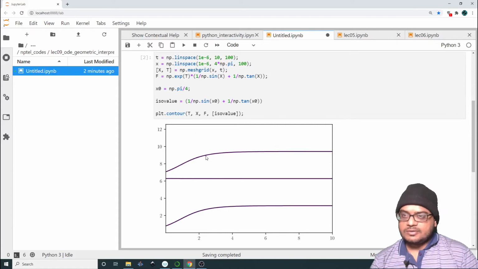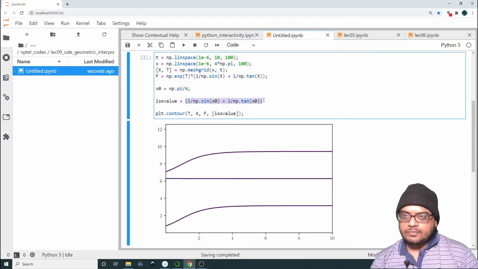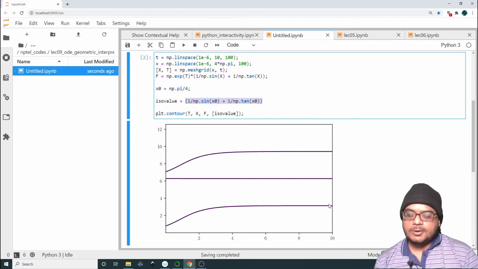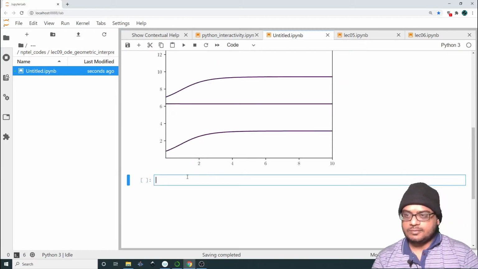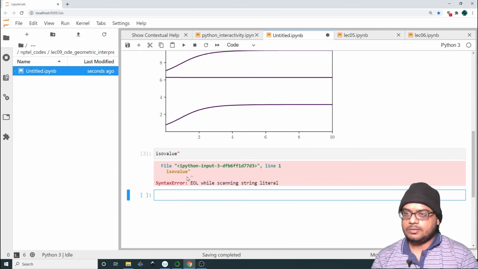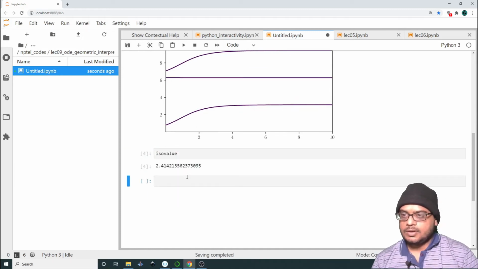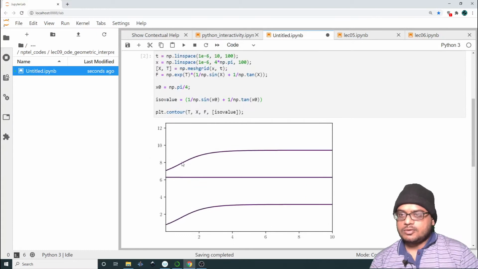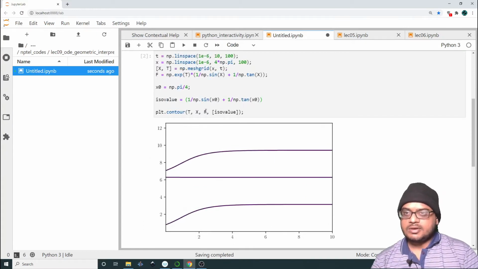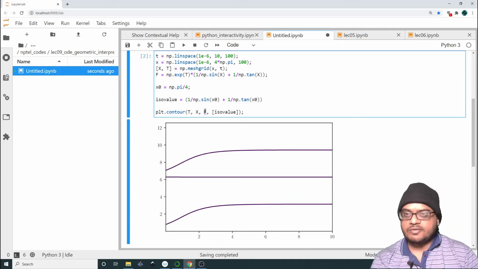So when x naught is equal to pi by 4, disregard this because periodicity would dictate that there is also a solution in this space corresponding to this particular iso value. This is how the evolution would look like. But now whatever this iso value is, let us print out what the iso value is. It is 2.41. So these three curves are the curves of f in the xt plane which correspond to this particular iso value.